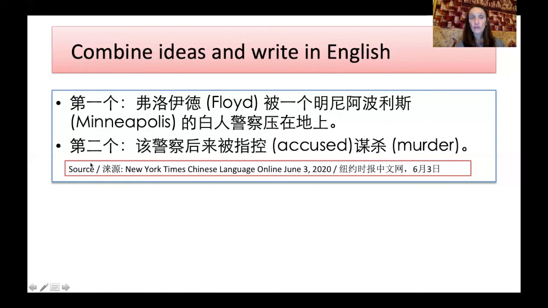So this is actually current news, and here's the source. 来源 is the New York Times, 纽约时报中文网, yesterday, 昨天. So 暂停视频一下 and 试试做这个练习.